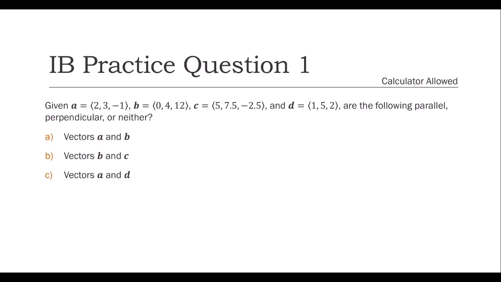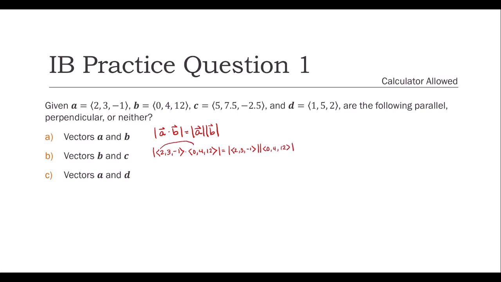So if they're parallel, the magnitude of A dot B should equal the magnitude of A times the magnitude of B. So A dot B would be (2, 3, -1) dot (0, 4, 12). And we want to see if that equals the magnitude of (2, 3, -1) times the magnitude of (0, 4, 12).